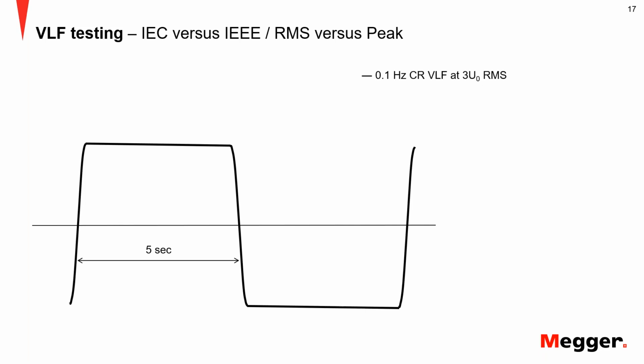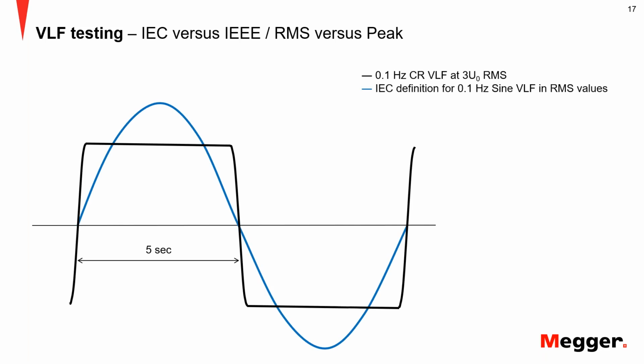We will get to this in a second. So doing the same test with the sinusoidal test set looks like this. That ensures and guarantees and is proven to produce equivalent test results between the wave shapes. So IEC is independent of the wave shapes because it's defined as RMS, and you can use a sinusoidal test set. You will get the same reliability numbers as with a cosine rectangular.